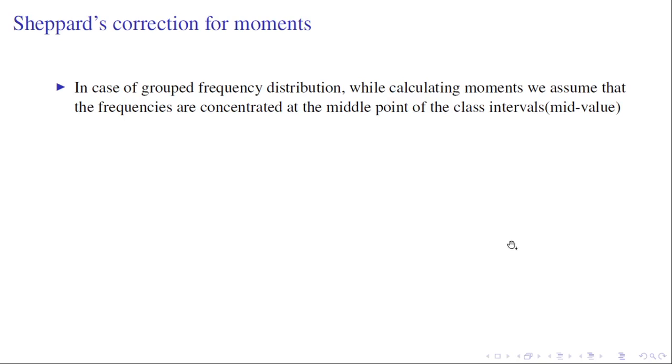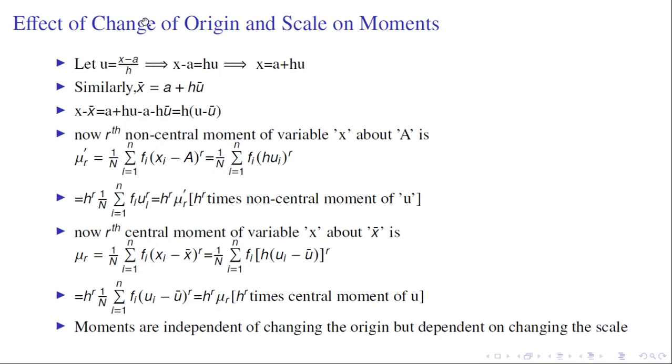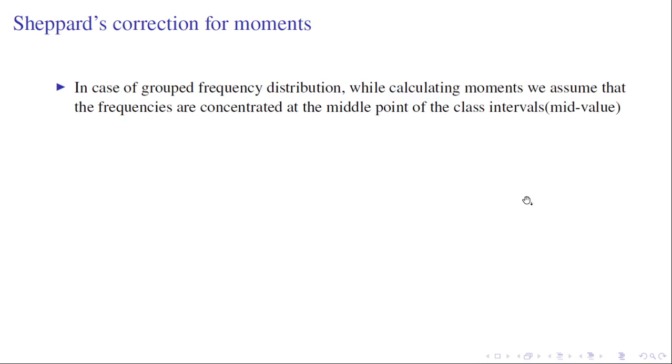This is the relationship. These are the properties of moments. There is a question: show that moments are invariant to the change of origin and dependent on change of scale. So you have to write this proof.